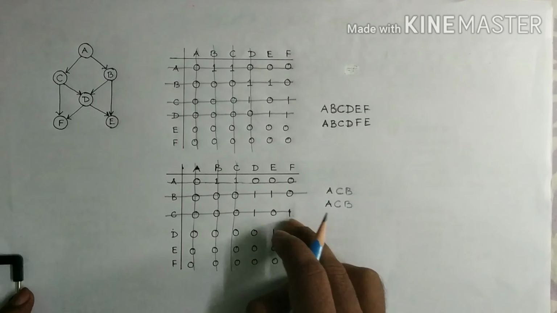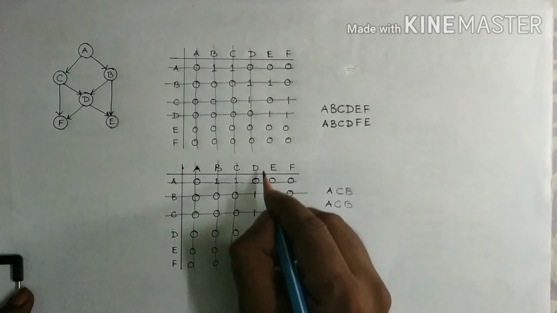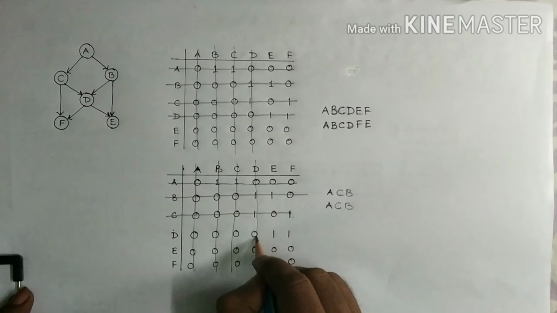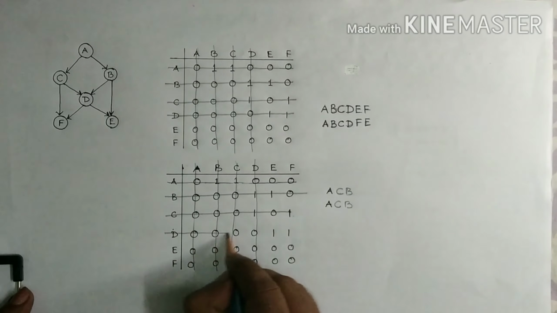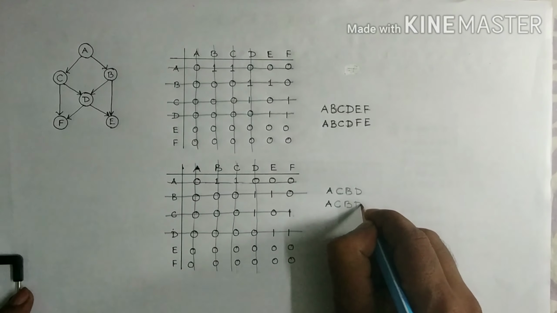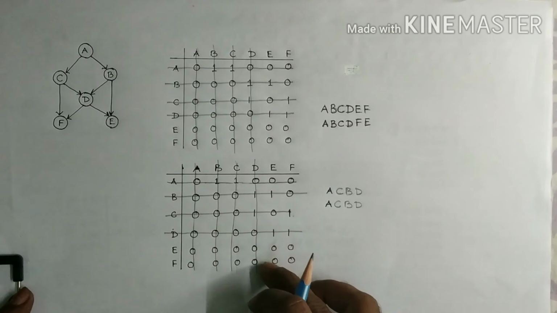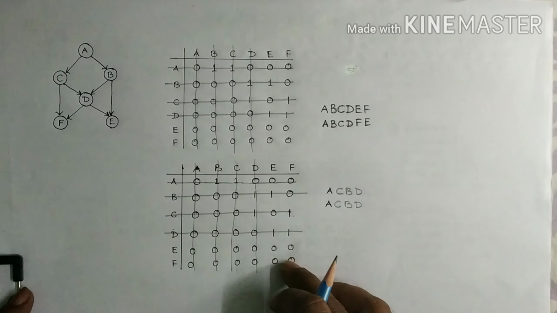Now from the remaining matrix, column D has all elements 0. So delete column D and row D and write D in topological ordering. Now all elements of column E and column F are zeros.